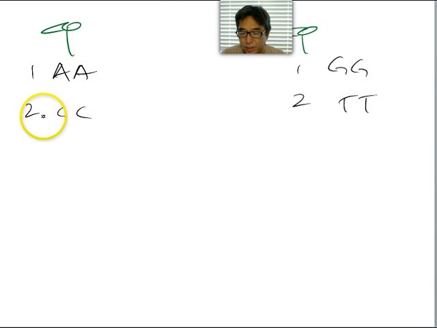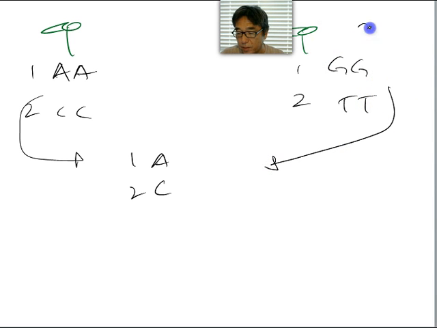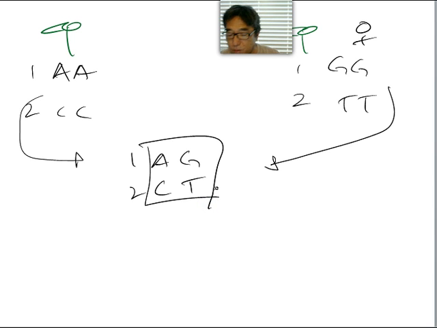This plant will produce, let's say, pollen. That pollen will only be A and C, SNP 1, SNP 2. These eggs from this female plant will only ever be G at SNP 1, T at SNP 2. So this is the only genotype you'll have. And we won't be able to get any information from this because every single progeny will have this genotype.